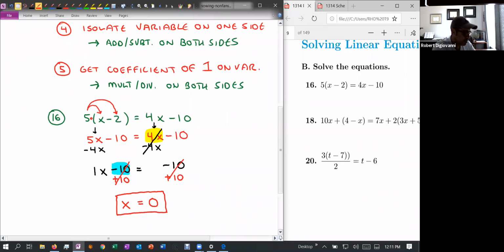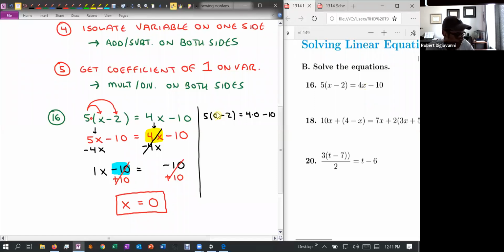Now, what we could do is we could check our answer. I'm not going to require that you check your answer, but we could check it. If we go back to the original problem and we replace all of our x's with zeros, so all I did was I went to this equation here, I replaced this x and this x with 0.